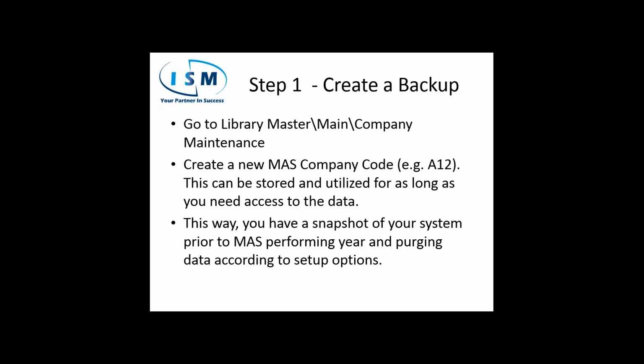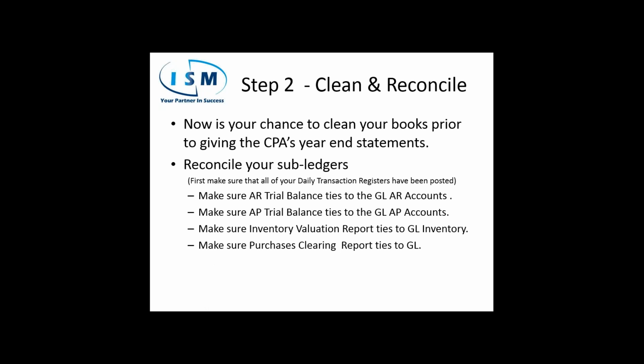So before we process, at the very least year end, we'll create a backup of our company so that if we have to purge any type of AR or inventory data, we at least have the information available in a backup company to reference prior to doing any type of purging. Okay, I'm going to go through the steps first, and then we're going to go into the system and see how things are done.